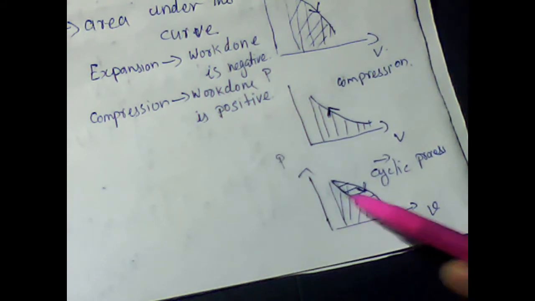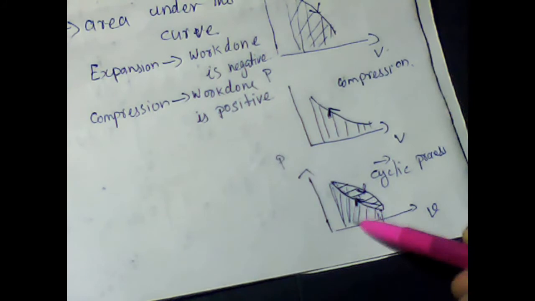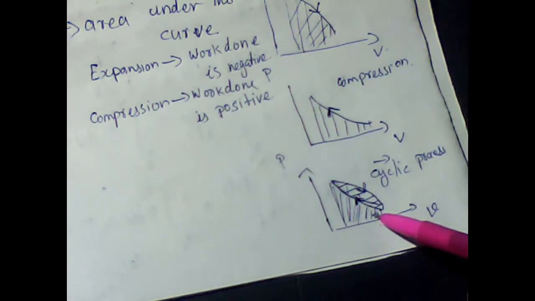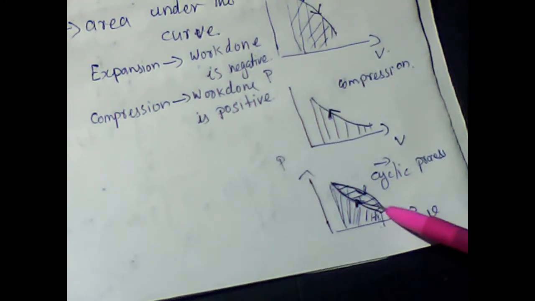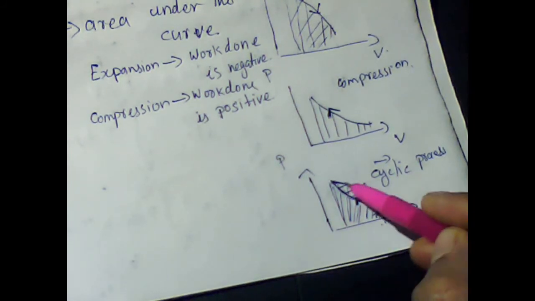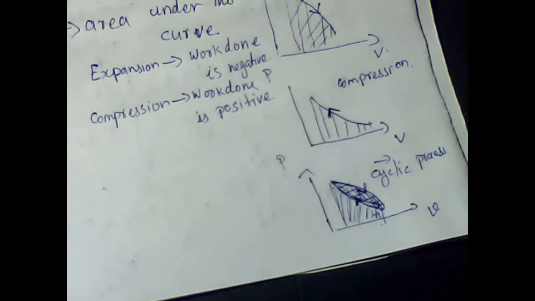Since one is in the increasing volume direction and the other is in the decreasing volume direction, this area is common to both processes. So one is in the minus direction of the other, and this area will cancel. So the remaining area is the area enclosed inside the curve. So for a cyclic process, the work done is the area enclosed inside the curve.